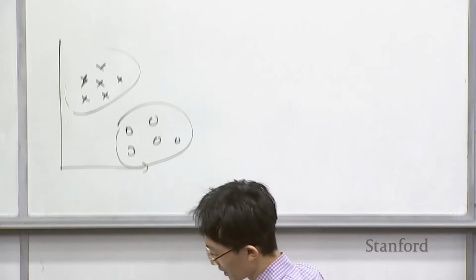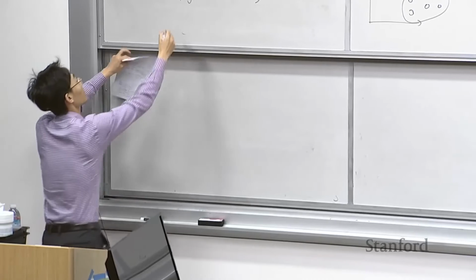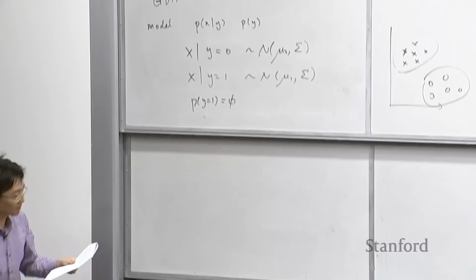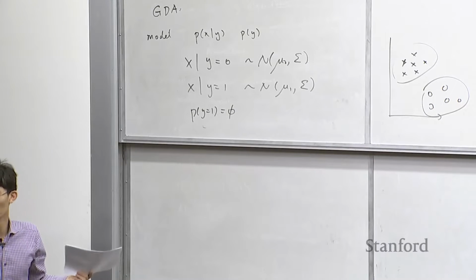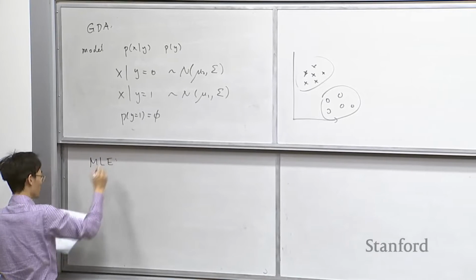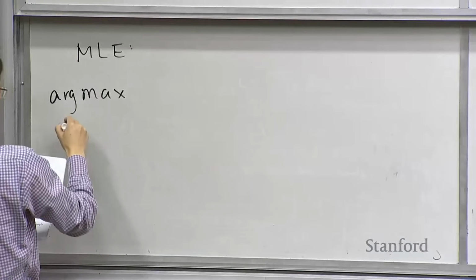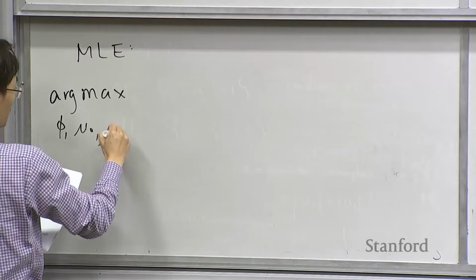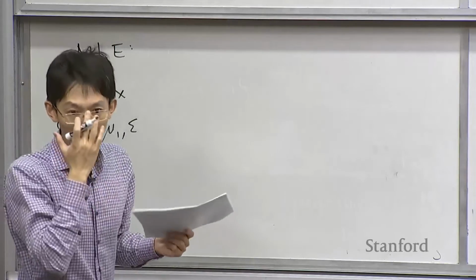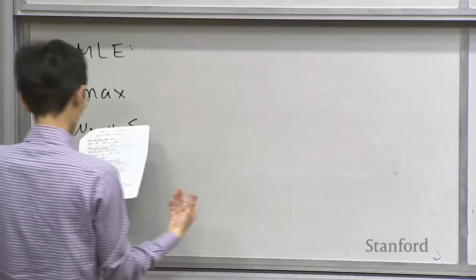And then what we do is that we say, after you have this probabilistic model, also we have this P of y is 1 equals phi. After you have the probabilistic model, then you can learn it from data by MLE. So we learn by maximizing. We take the argmax over our parameters, phi, mu 0, mu 1, and sigma, of the log likelihood. The argmax of the log likelihood is the same as the argmax of the likelihood.